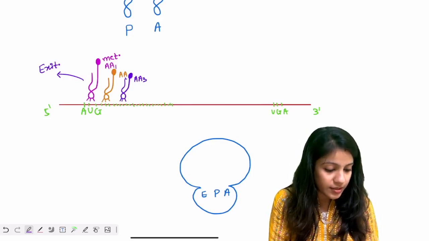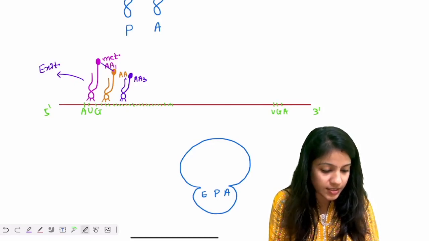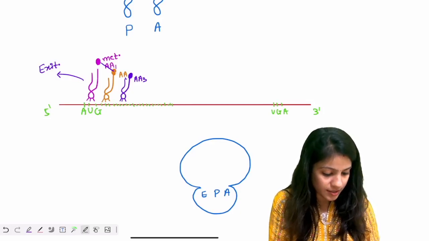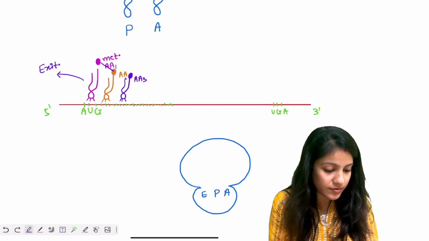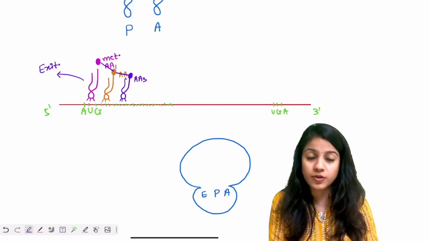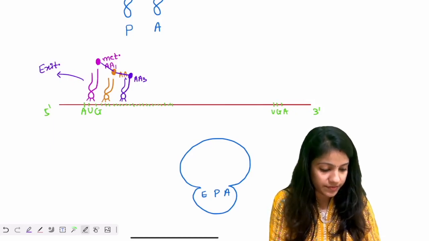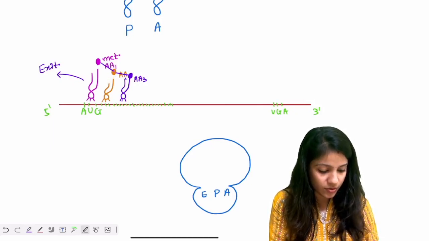Again, since there was formation of a bond between these two amino acids, this tRNA got free. Here also a similar process: there will be peptide bond formation between two amino acids. The second tRNA also got free.